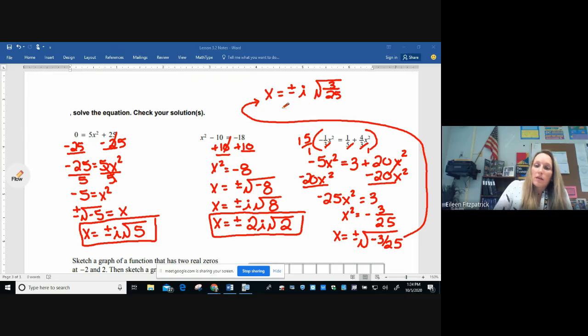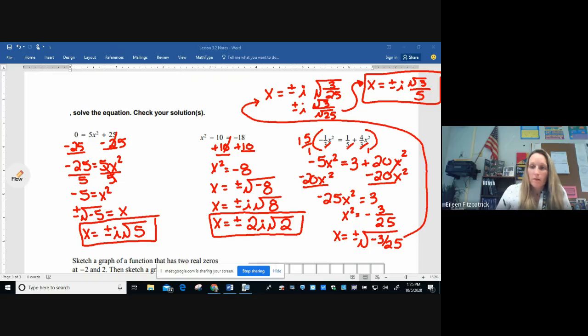I can break that up into plus minus i root 3 over root 25. And the reason I do that is because I can't leave a fraction under the radical. And the denominator can now be simplified. So it's x equals plus minus i root 3 over 5. Okay, that one's a longer problem.